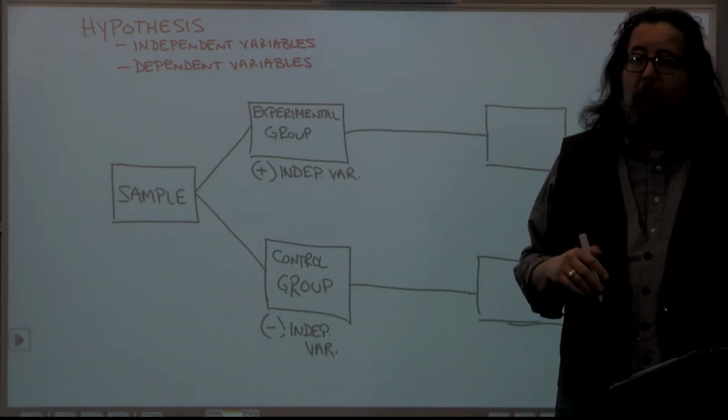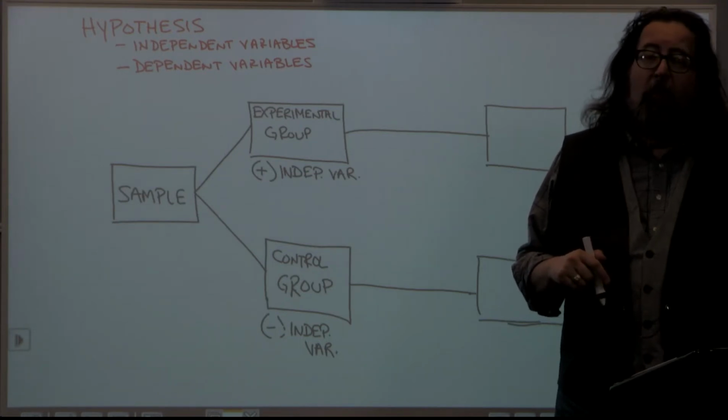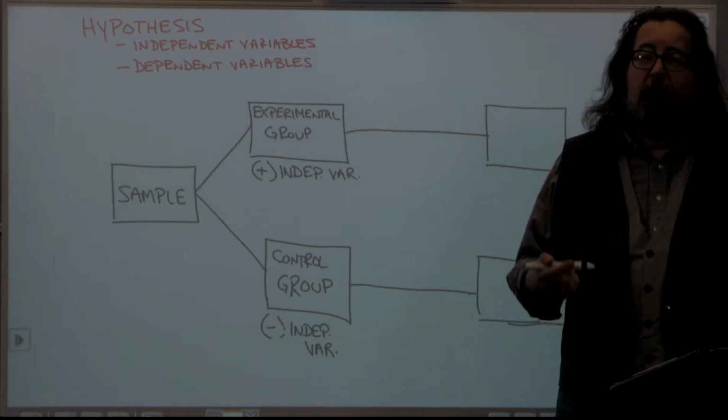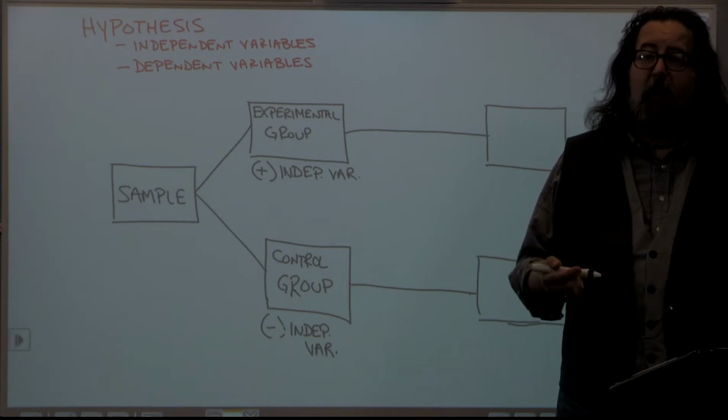Okay, so if you remember the earlier discussion, the independent variables are what we're going to introduce to the experiment to cause change. Dependent variables are what we expect to see change. So in our hypothesis, we talked about offenders who successfully engage in treatment.